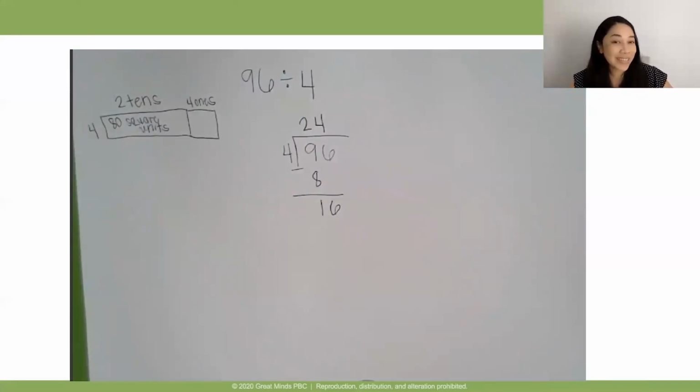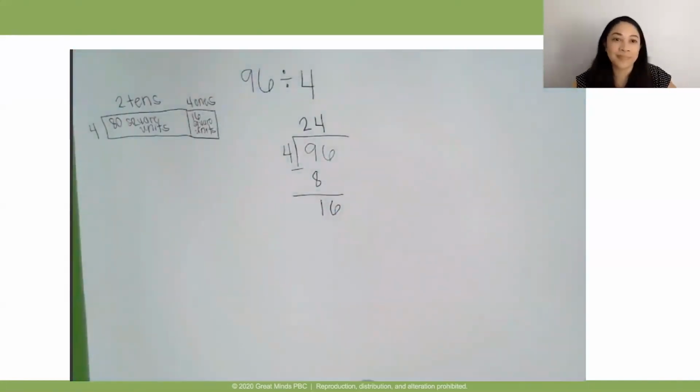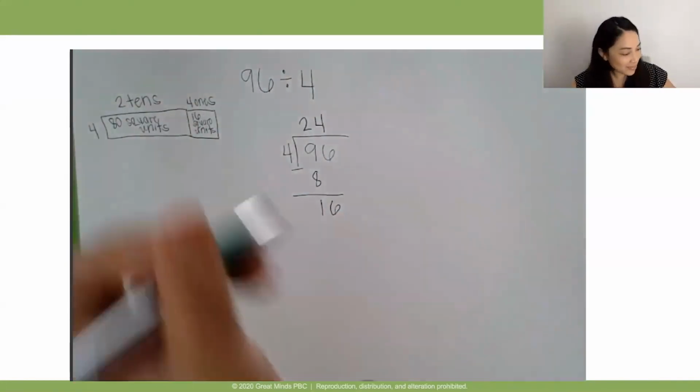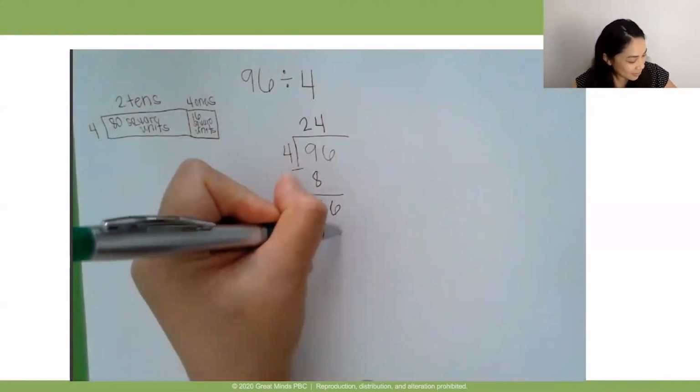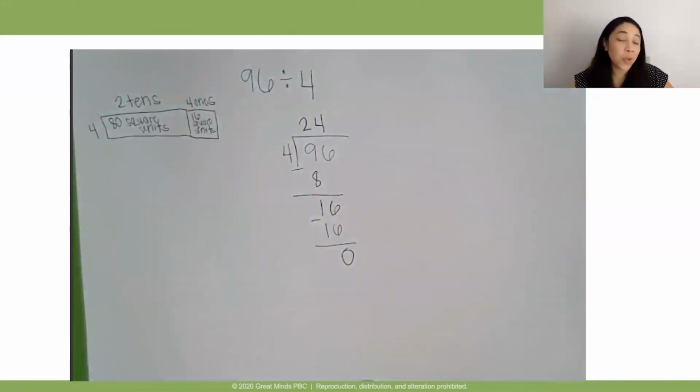We have 16 square units. We had 16 square units to divide, and we did. We have no more area to divide.